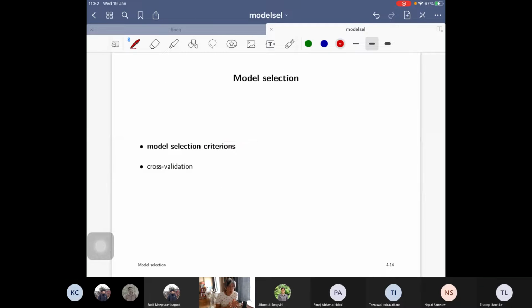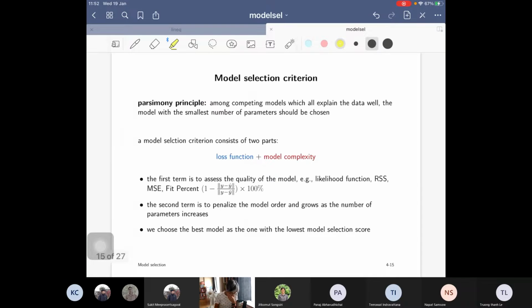So in this slide, once we know that there's going to be a trade-off between simple and complex, what can we do then? What criterion should we use in order to pick a good one? Today we introduce these two model selection criteria.